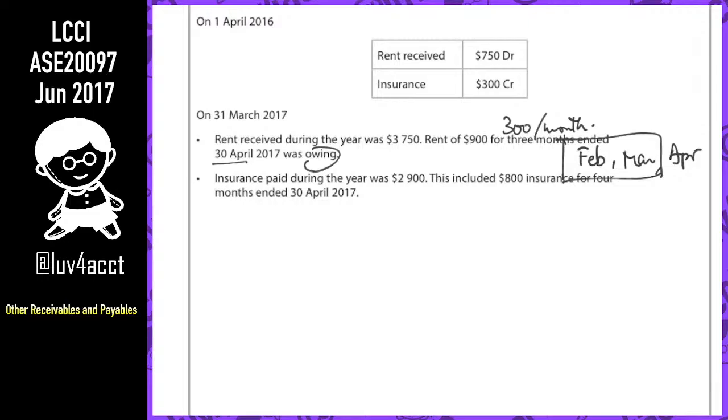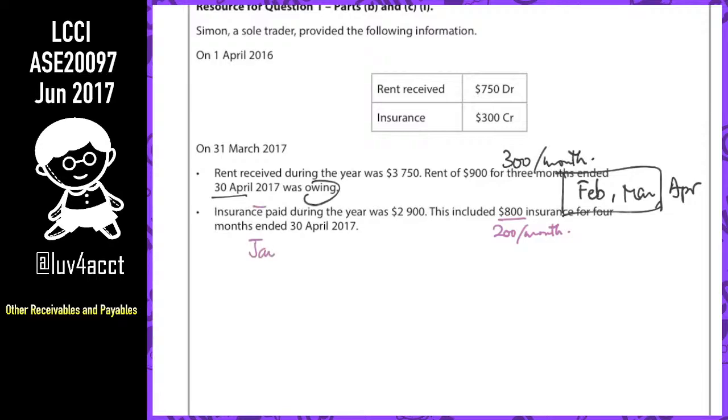So for this 4 months, 800, that means 200 per month. And then it is paid for January, February, March, and April. That means 1 month prepayment.